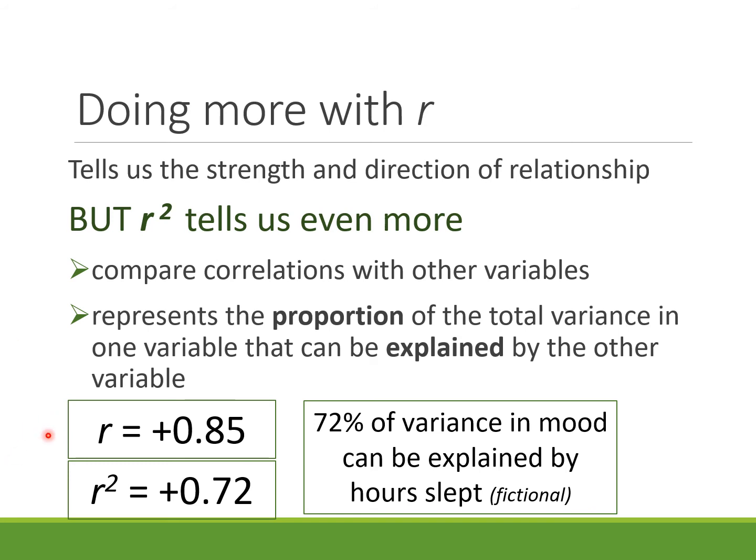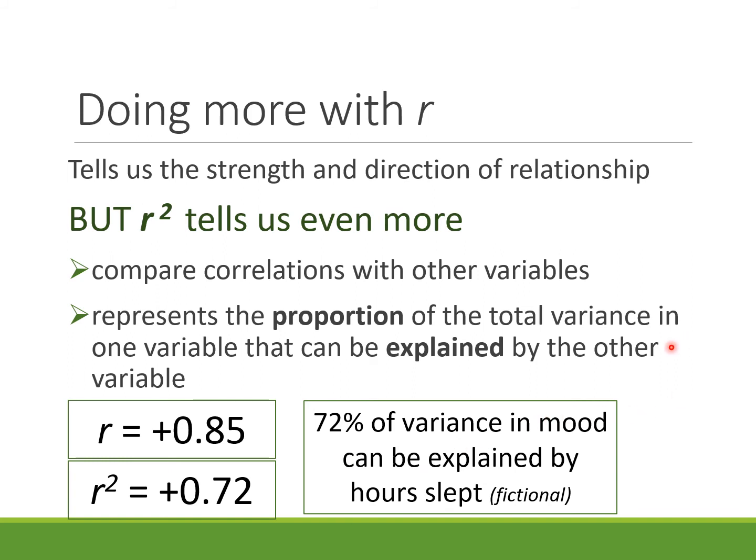So in this example, we have our sleep and mood correlation right here. When we square that, we get 0.72, okay? Remember that these are all going to be less than 1, and once it is squared, it also loses its sign, so it's still going to be positive.